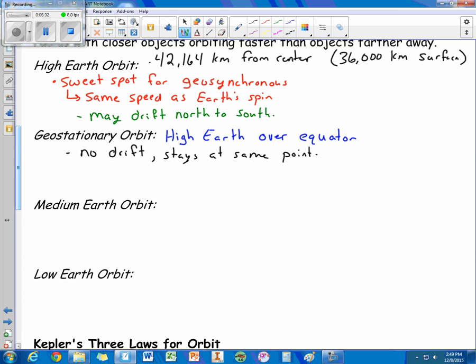So what this does is it makes it very valuable for weather, communications, and monitoring the sun.